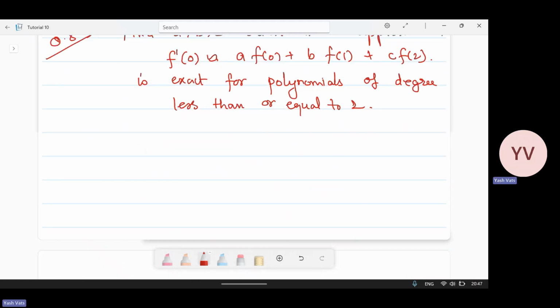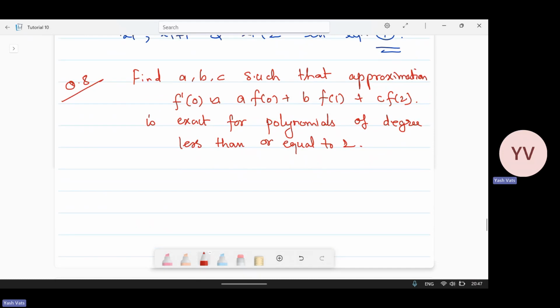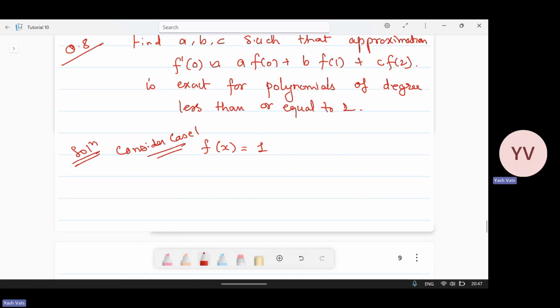How do we do that? For polynomials of degree less than or equal to 2, first is f(x) is equal to 1. So the technique is that for polynomials, you consider case 1. Since f(x) is 1, then f prime 0 is 0.